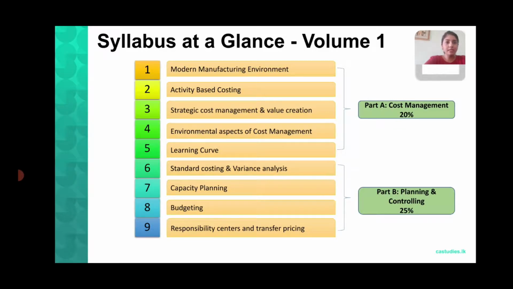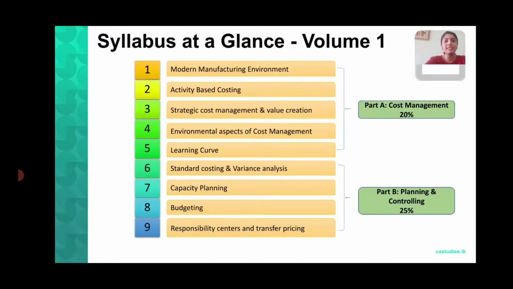The next 4 chapters belong to part B, planning and controlling, which comprises 25%. So this includes standard costing and variance analysis, capacity planning, budgeting, and responsibility centers and transfer pricing.